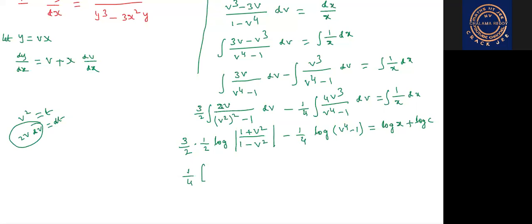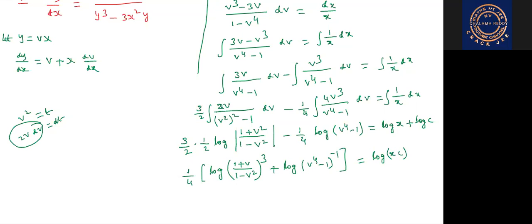So that is sent to logarithm of 1 plus v square by 1 minus v square whole cube. And here minus is there, minus also sent to power logarithm of v power 4 minus 1 whole power minus. That is equal to log xc.